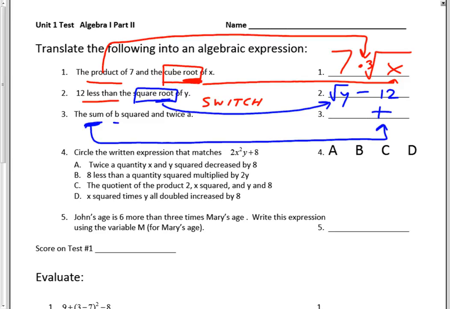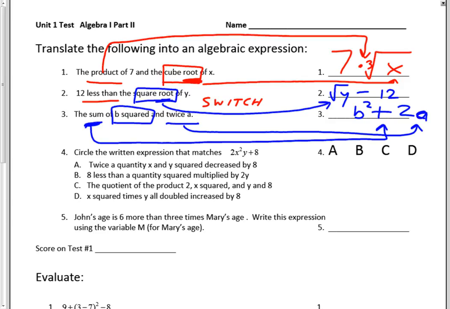B squared, twice A. Twice A is 2A. Some people are making that into an exponent, and that shouldn't be an exponent. That's just twice A.